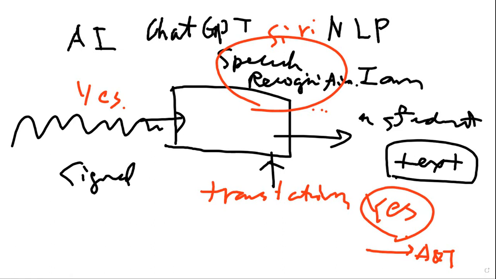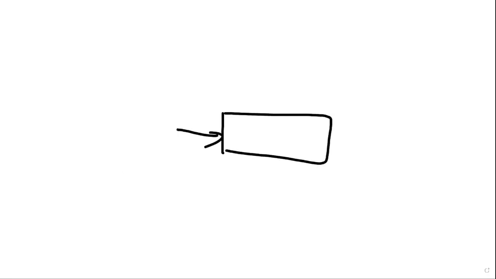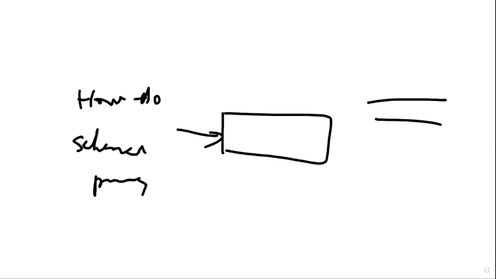Now ChatGPT: you provide some question, like how to do programming, how to do Scheme language programming. And then the answer comes out, right? It's also translation.